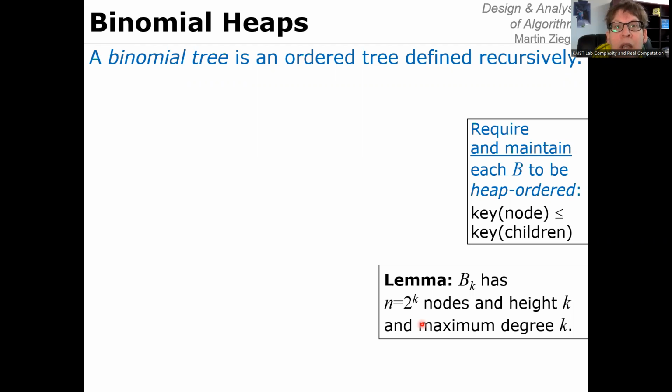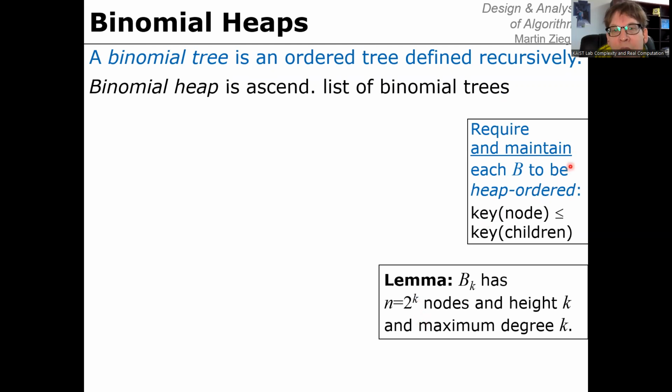The digit with weight 8 is either present once or not at all. And similarly, in the binomial heap, a binomial tree of order 3, corresponding to 8 nodes, is either present or not, but not repeatedly.